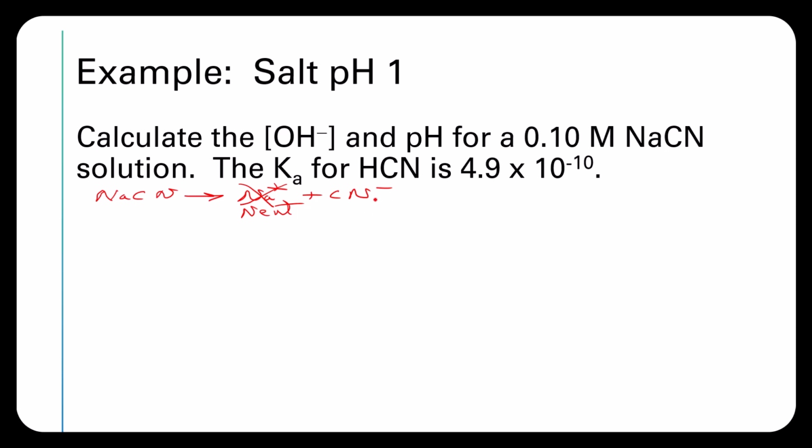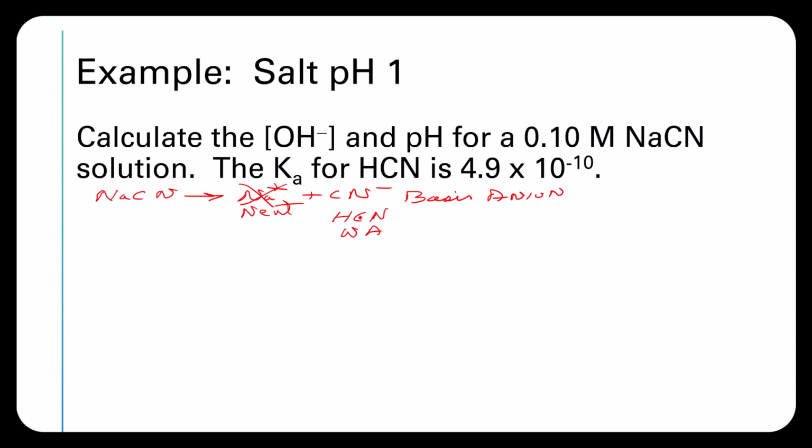And then cyanide ion. Well, if I look at this anion and I ask myself, what is it the conjugate base of? It's the conjugate base of hydrocyanic acid, which is a weak acid. So this is going to be a basic anion because it's the anion of a weak acid.